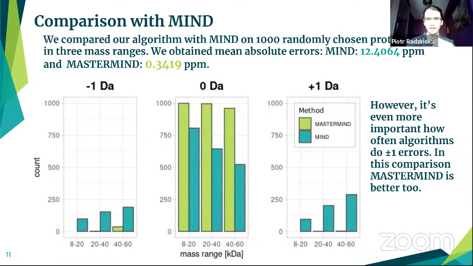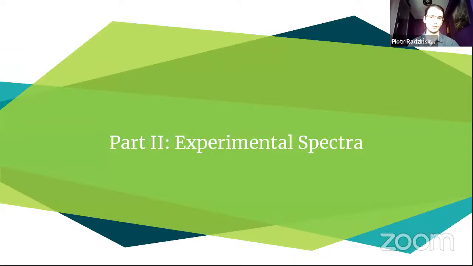The most important is how often the algorithm mistakenly takes a -1 or +1 error, this shifted prediction. And we can see that we are far better so far. That's only on theoretical spectra so far, but on theoretical spectra, we are far, far better. Okay, and now we can go to the experimental spectra part.